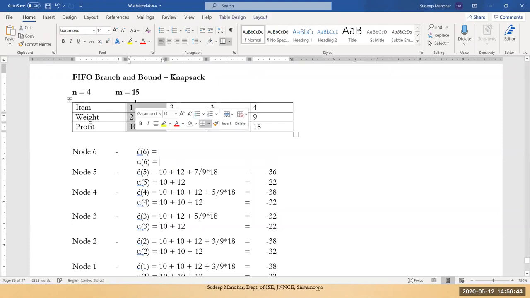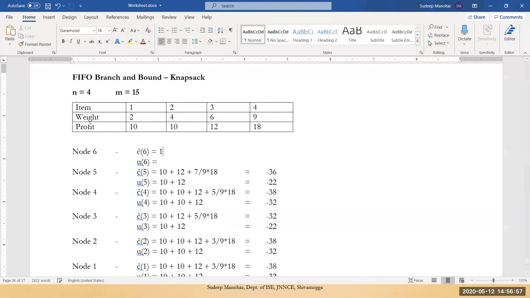Don't consider item number 1. Leave this. So now what happens? 4 plus 6, it is 10. Remaining is 5. That means 5 by 9 is the fraction. That means 10 plus 12 plus 5 by 9 into 18.